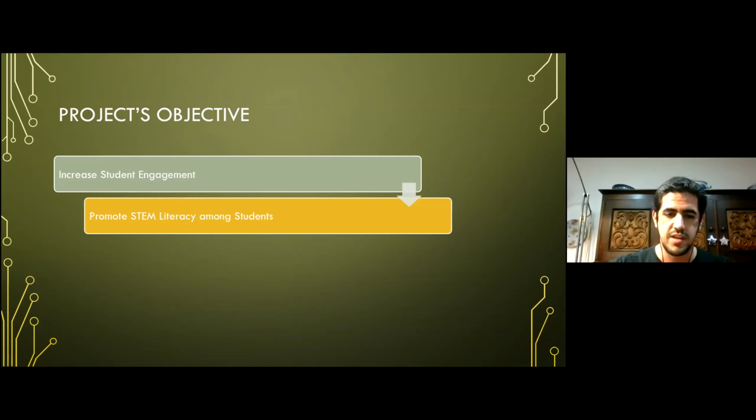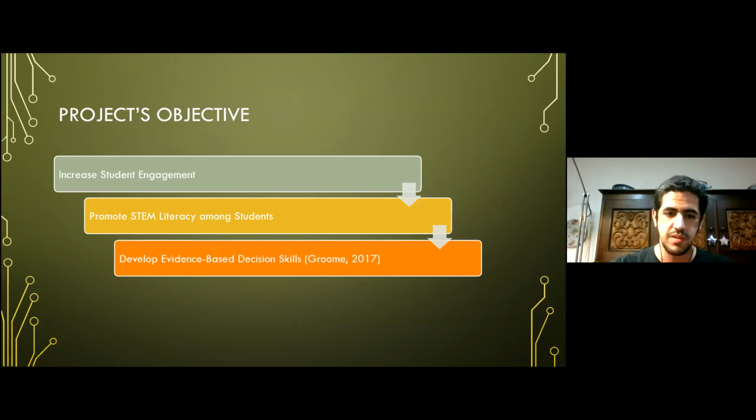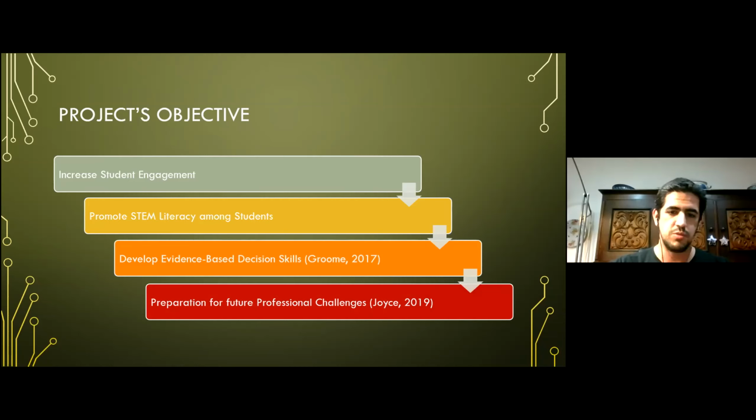This literacy is what leads to the development of evidence-based decision skills, which is key to be able to prepare for the professional challenges of the future. It is said that this type of skills and challenges is growing at least twice the rate of other professions. Other professions are even getting extinguished.